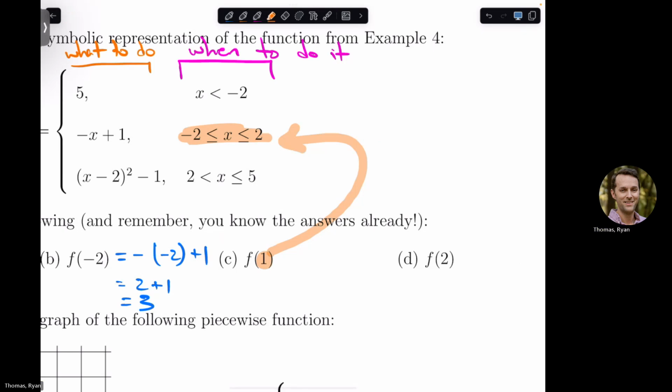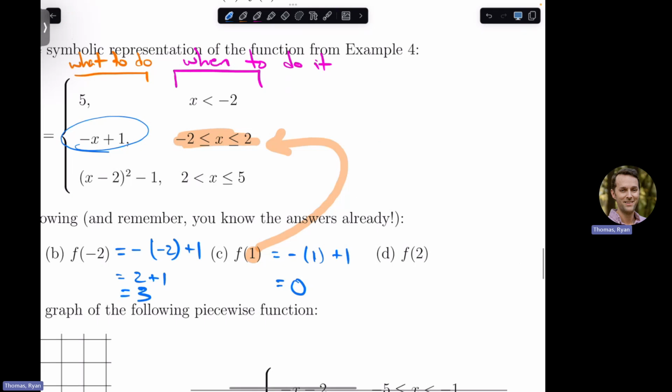Right? Plug 1 in, you get 0. Okay. And D, we want to plug in 2.